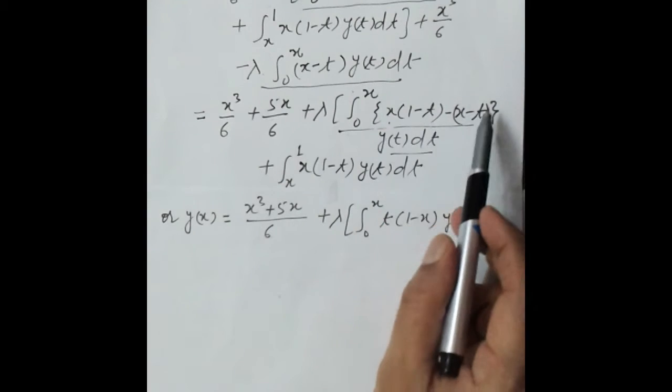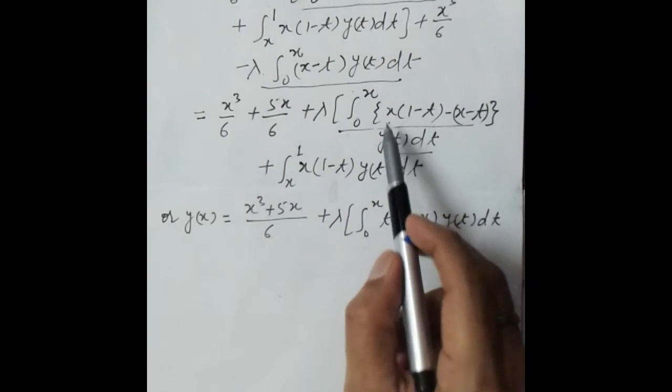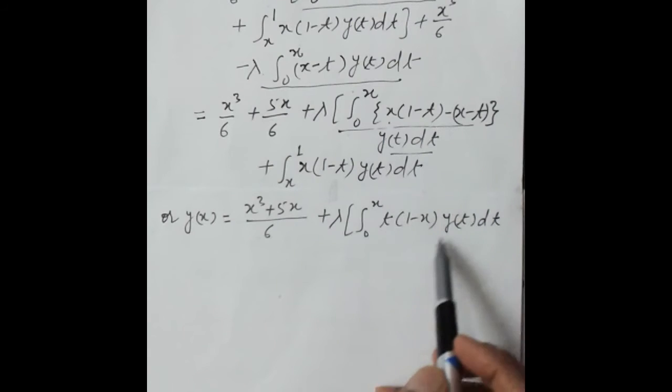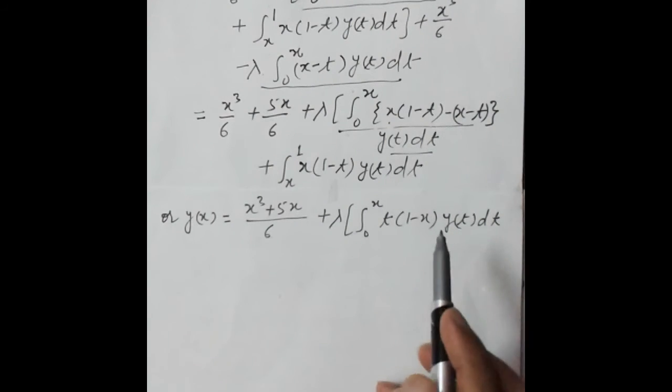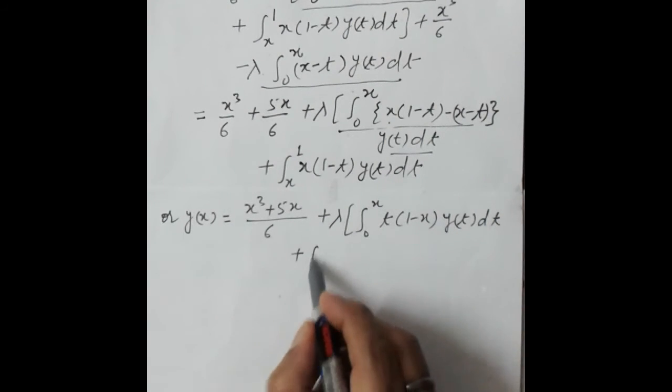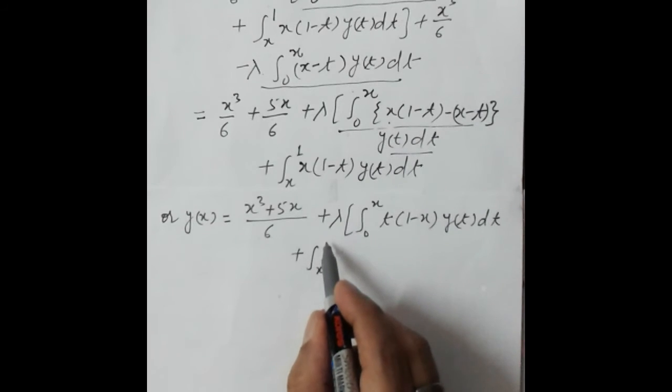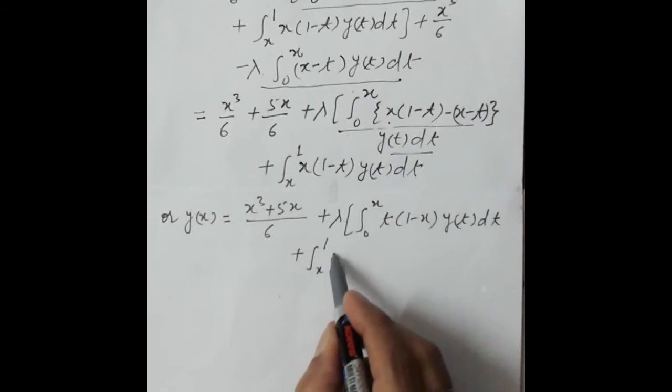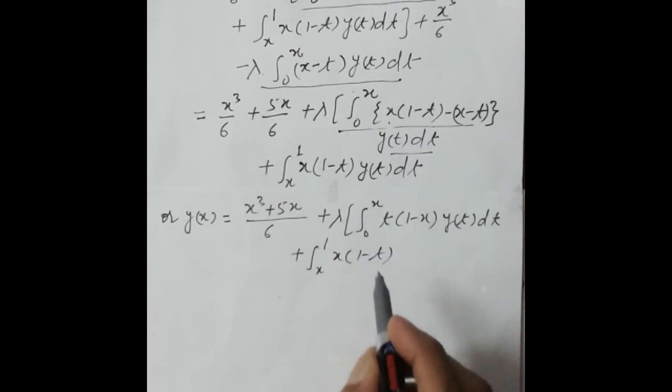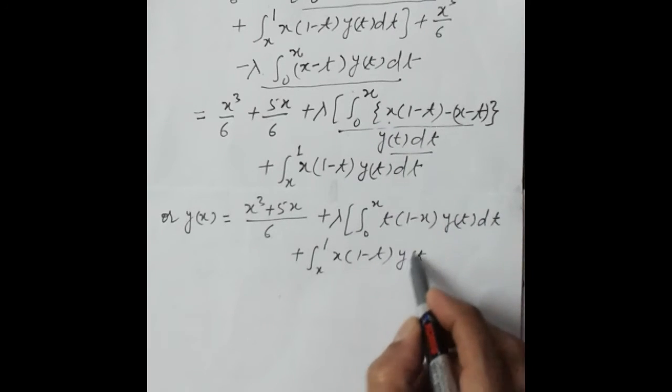Here, after simplification, this is equal to t into (1 minus x), plus the integral from x to 1 x into (1 minus t) y(t) dt.